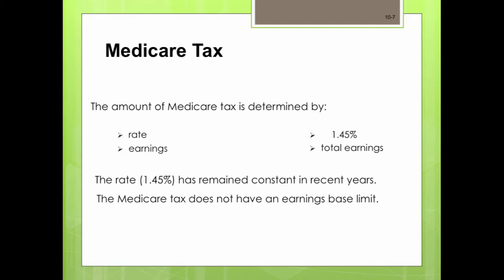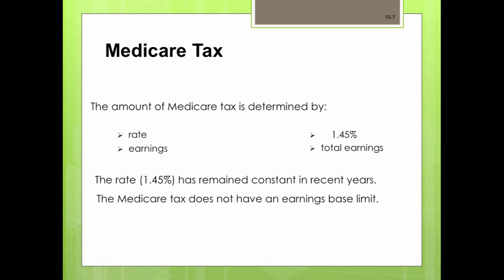Out of an employee's gross wages, Medicare is withheld at the rate of 1.45%, and Social Security is withheld at the rate of 6.2%. The employer pays a matching portion. The Medicare tax does not have an earning limit, so the tax applies to all earnings paid during the year.